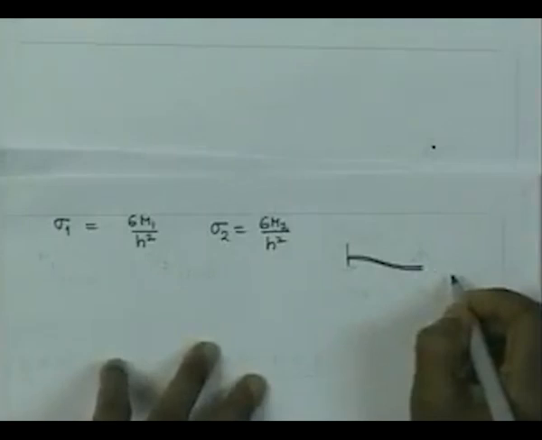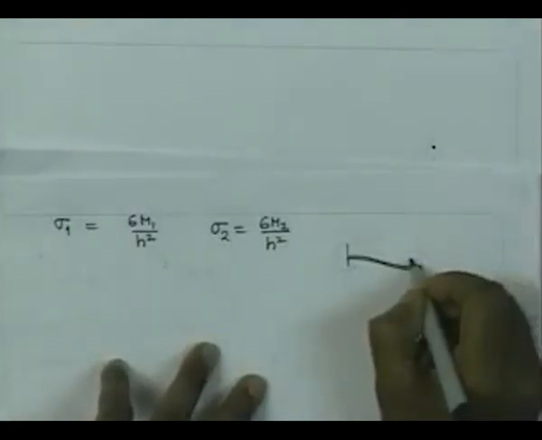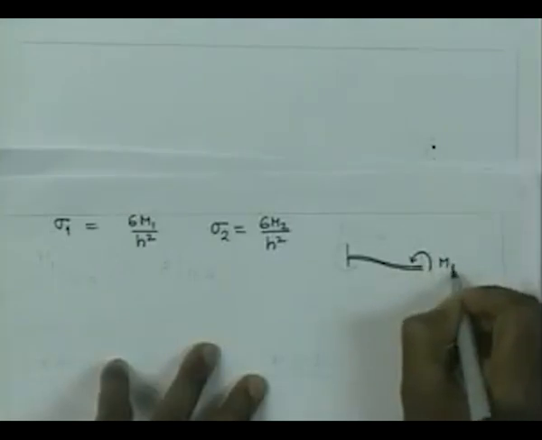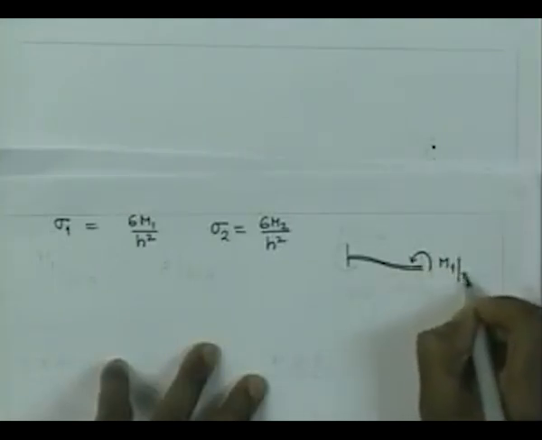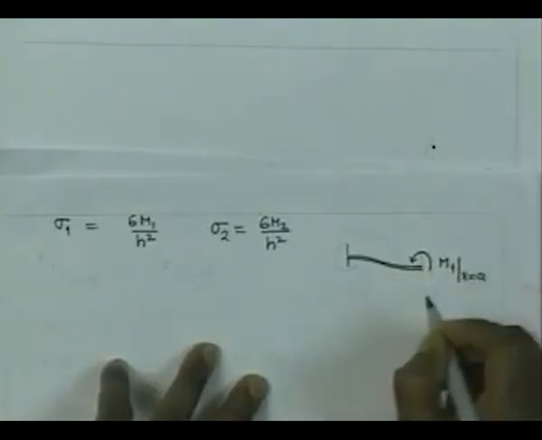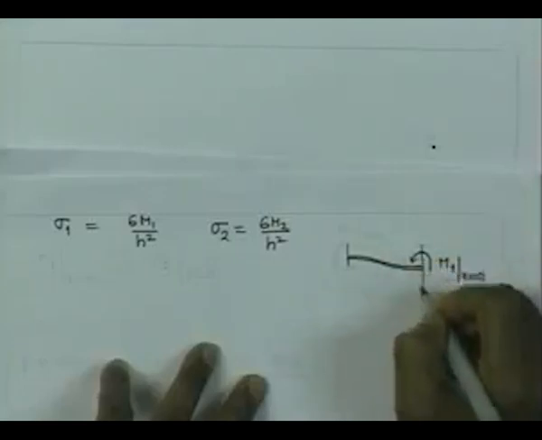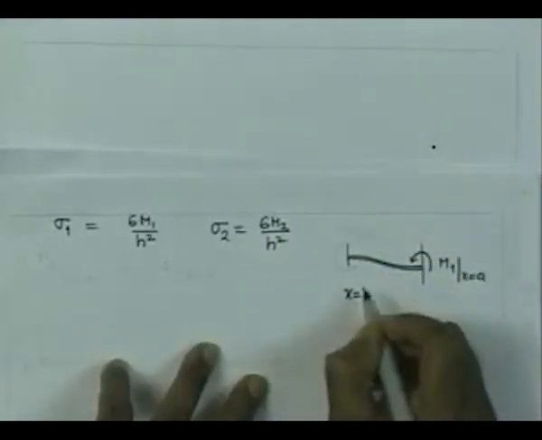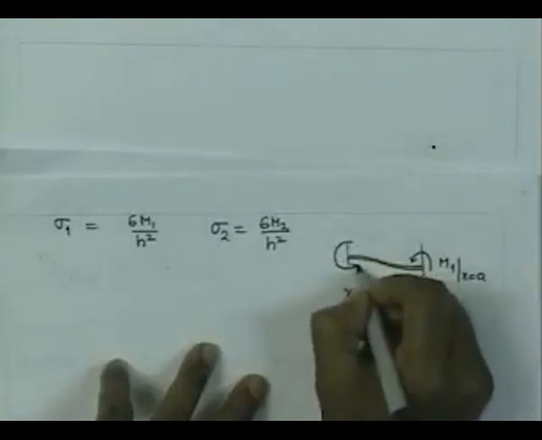The bending moment M1 is acting like this. At x is equal to a, it is going to act this way, and at x is equal to b, it is going to act like this.